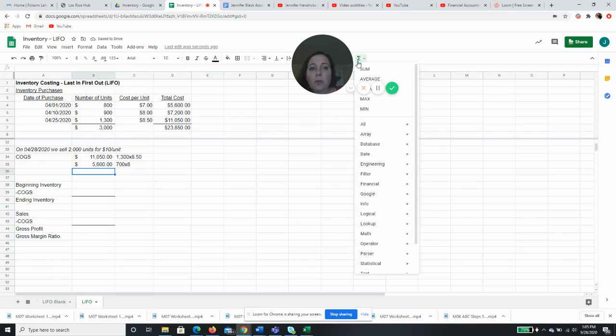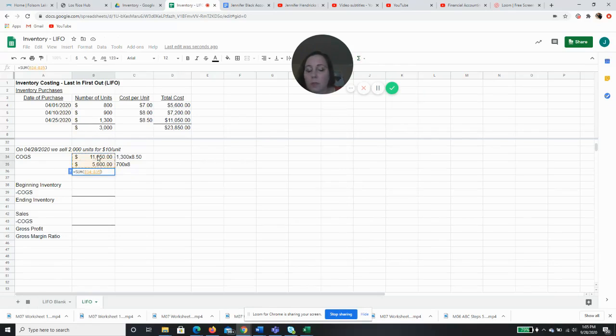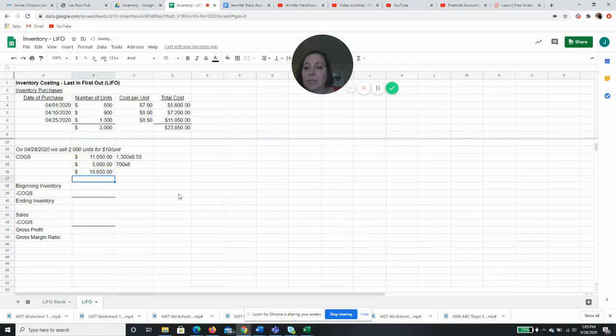So our total cost of goods sold will be 16,650. Our beginning inventory is all three batches. Beginning inventory minus cost of goods sold will give us our ending inventory of 7,200.